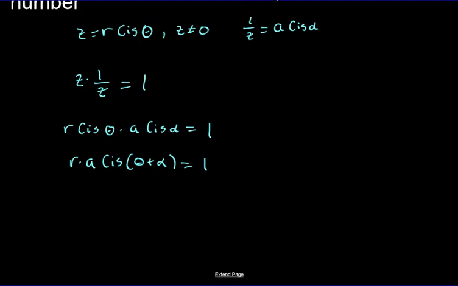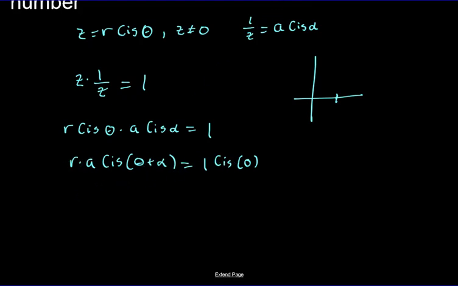Now this gives us some information. First off, how can I represent this number 1 as a complex number in polar form? Well, 1 is the same as cis of 0 degrees, because at 0 degrees it's just at that point 1 right there. So this is equivalent, and then we can match up equivalencies here.